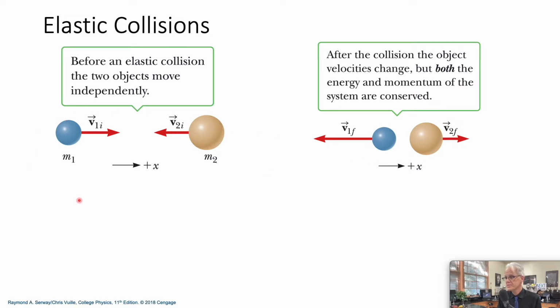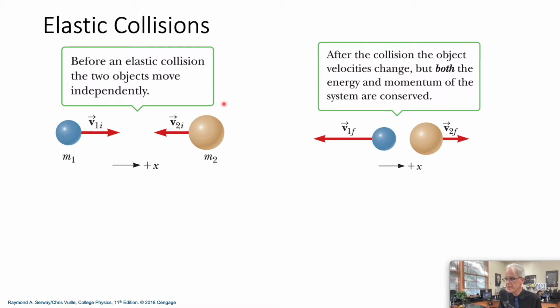If we take these two objects as our system, and we say that this is an isolated system, the momentum of this entire system will be conserved. What that means is that it will not change even though there was a collision.